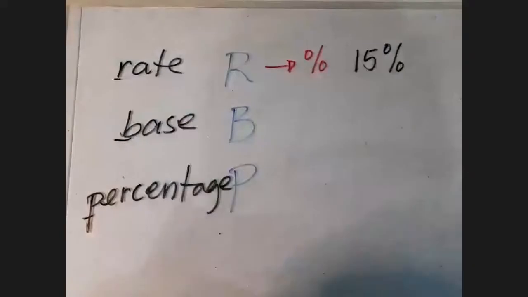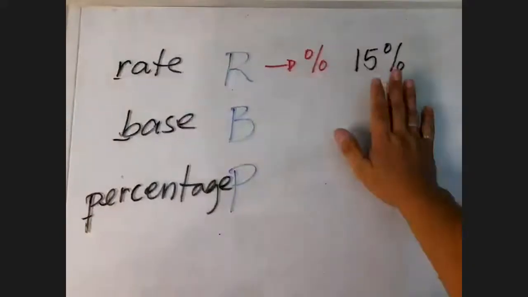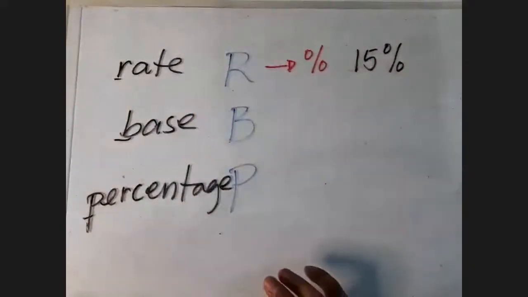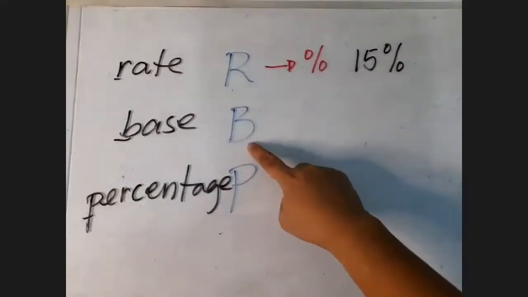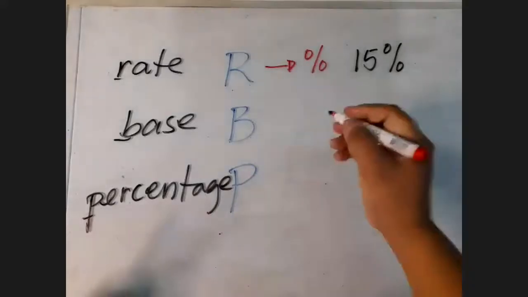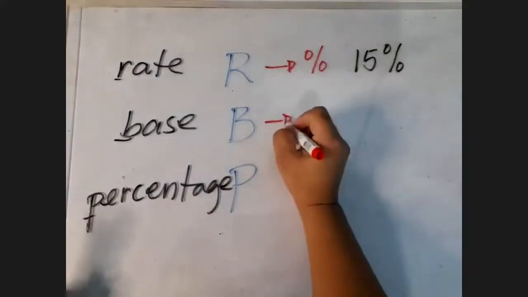Next, pag na-identify na ninyo yung rate, ang susunod ninyong dapat i-identify ay yung base. Okay, that's the next thing to identify. Why? Kasi yung base, meron tayong clue words para sa base.